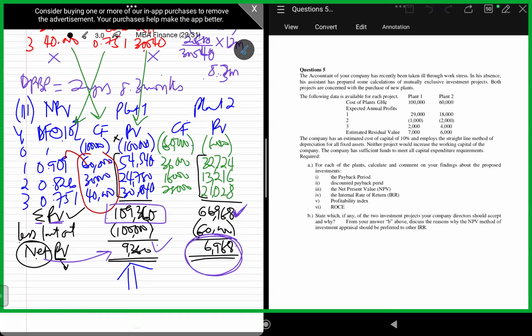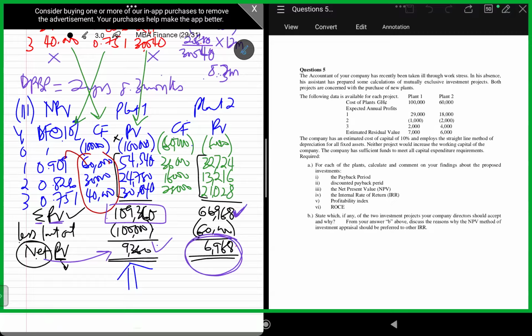So, of all the methods I to VI, the key investment method needed to determine which project should be accepted or rejected is the NPV. Both plant one and plant two had positive NPVs, but plant one's NPV was higher. So we choose that one.